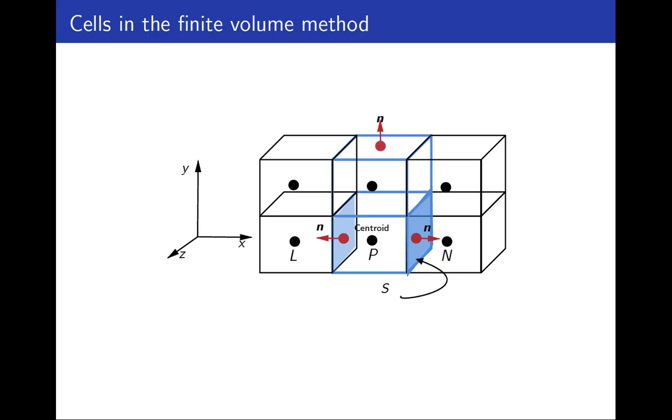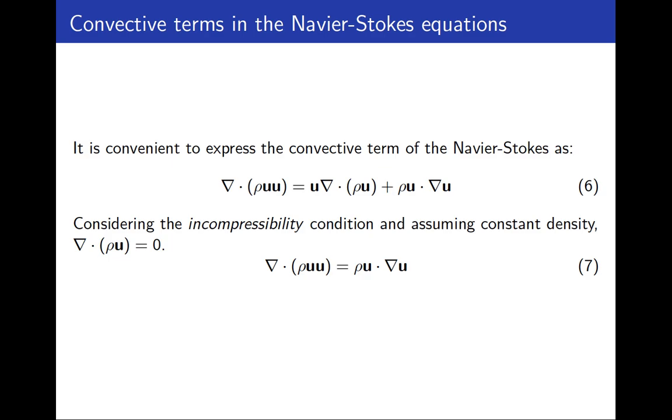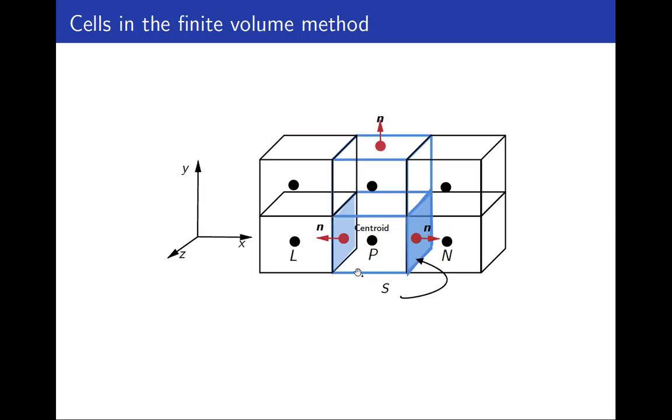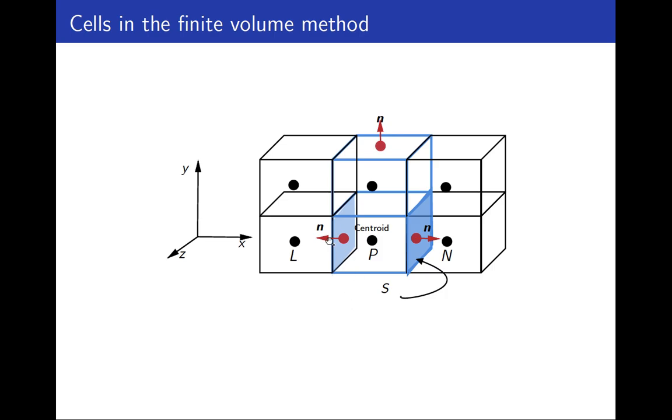That is basically the physical meaning of the divergence theorem. So again, the total momentum that is being transported by convection has to be equal to all the convective flux of momentum that crosses each of the faces of your control volume.